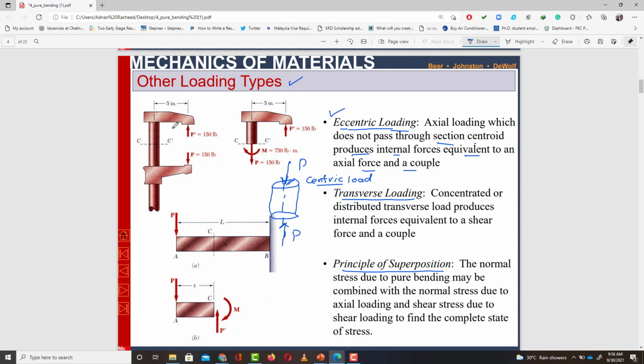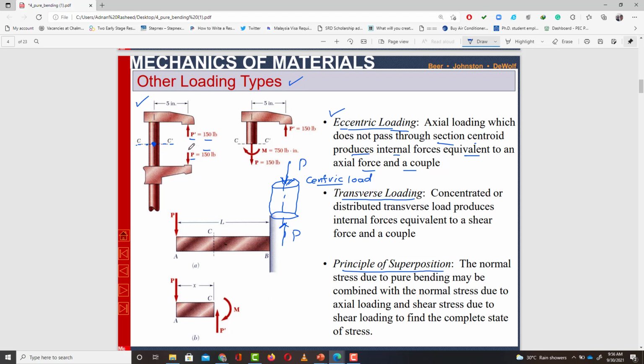Now you can see this is the object or member, and there are two forces applied, P dash and P, 150 pound, and this is the centroid of this part, and this C dash is the centroidal axis that is passing through the centroid. These forces are not passing through this centroid.